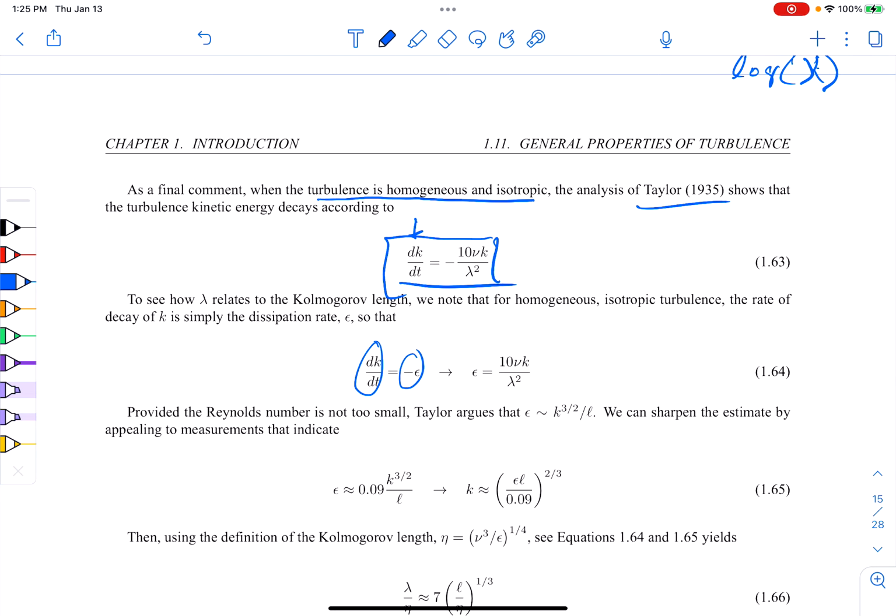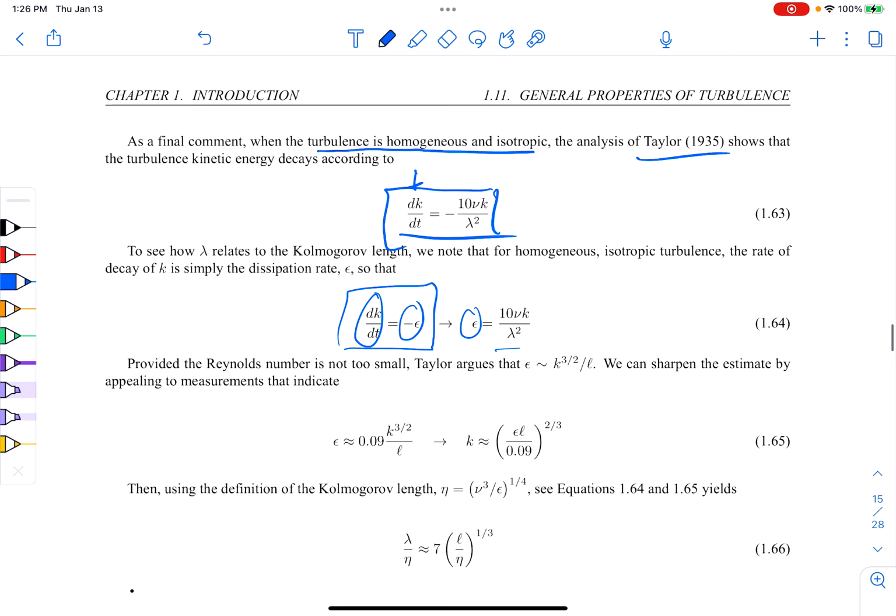So remember in the last class, we derived a huge equation for epsilon. But if we make the assumption that we have isotropy and the turbulence is homogeneous, then this equation holds. It's like an energy equation, but for the energy of the flow dissipating. Anyway, we'll set epsilon to 10 nu, kinematic viscosity, times turbulent kinetic energy divided by the Taylor microscale.